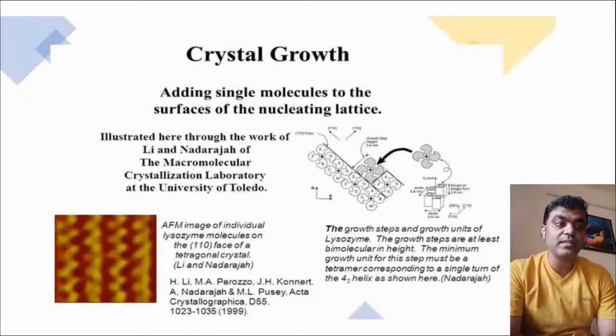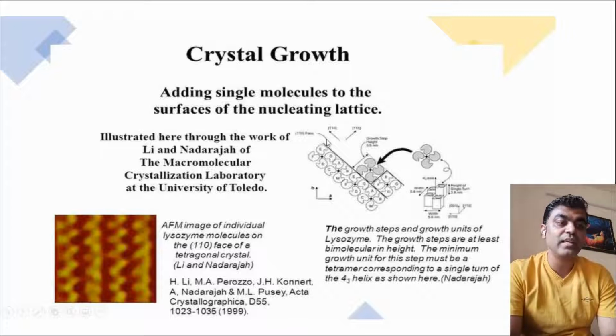So what happens is, in this case you see a unit of 4, and when you turn it, you see there is a height, there is a width, there is a length associated with this, and this particular crystal growth is happening with basically 4 small unit cells coming together, and this quadrant is slowly growing.